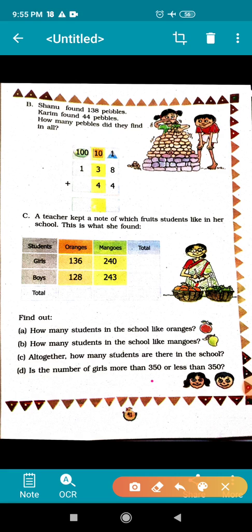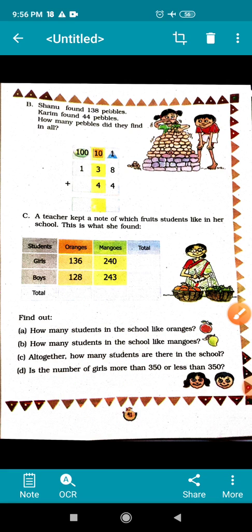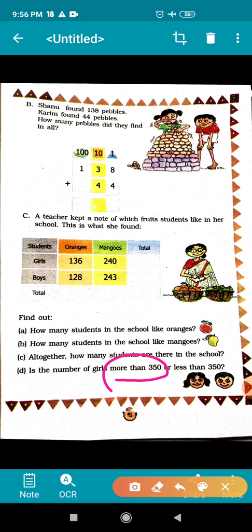So when you add 136 and 240 to get the number of girls, 6, 7, 3. This is 376 and 376 is more than 350. So what will be your answer? The number of girls is more than 350. Children, hope you all have understood these word problems also.